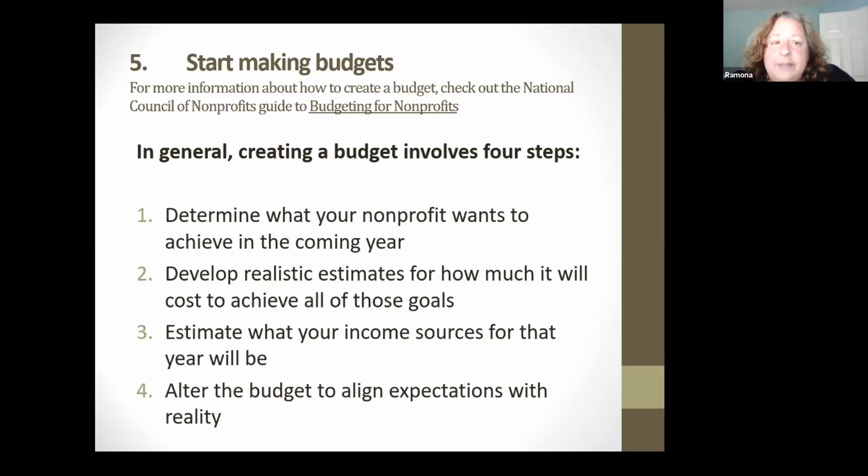So basically, in general, creating a budget involves 4 steps to make it easier, or to just give you some framework. Let's put it that way. So we want to basically determine what our nonprofit wants to achieve in the coming year. As I said, in our organization, we have a strategic planning committee, and they may give us the focus on what we want to accomplish that year.